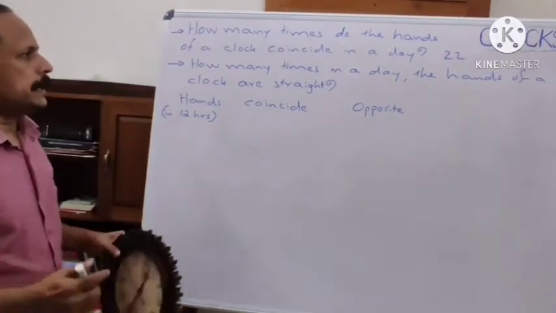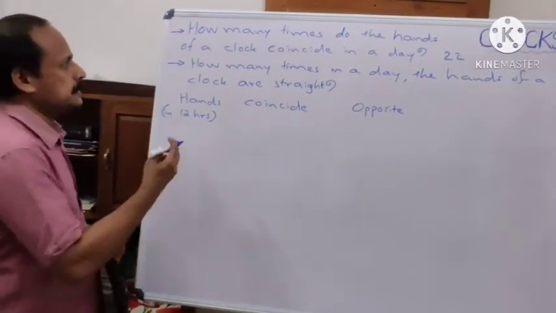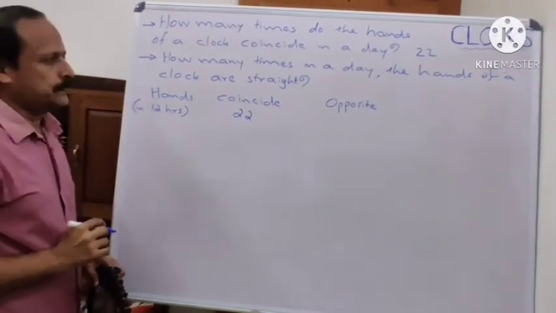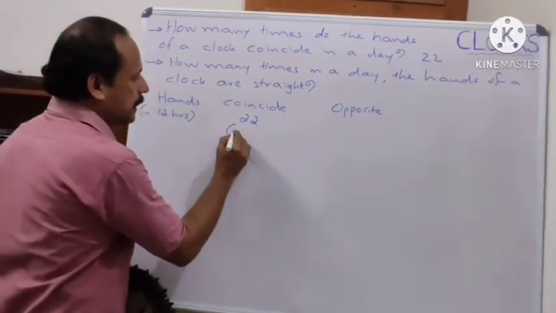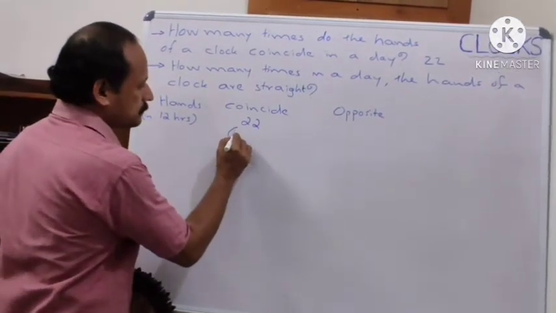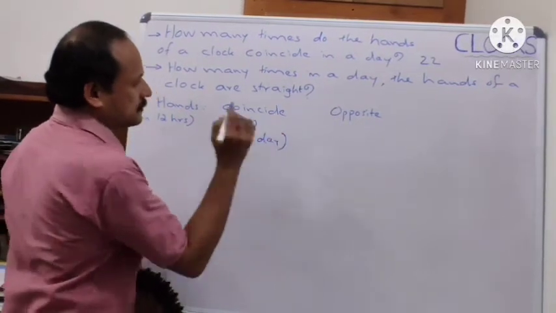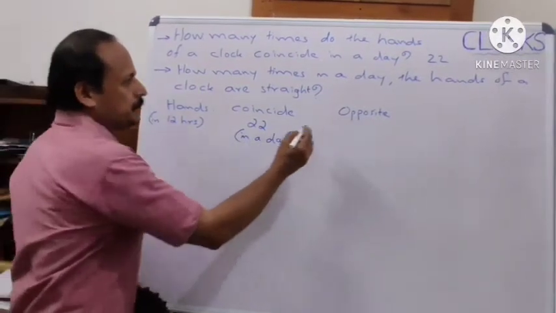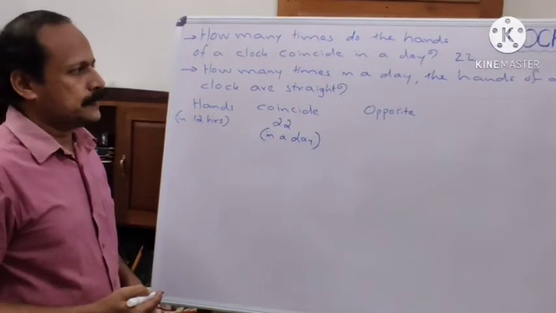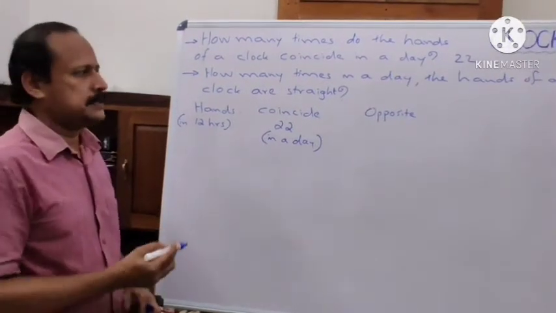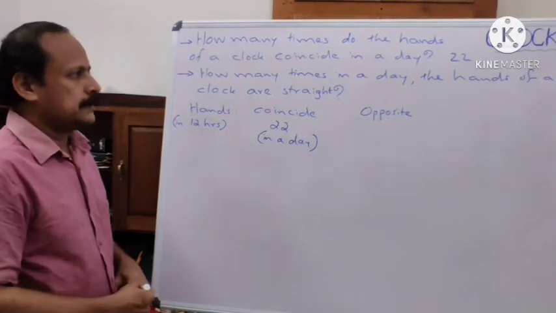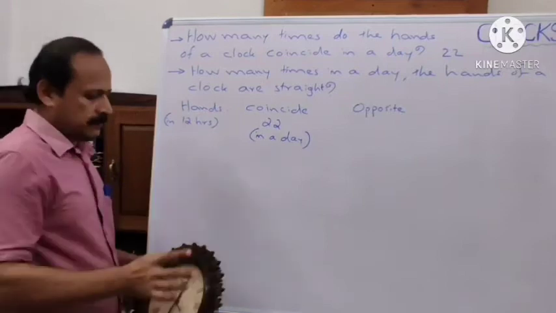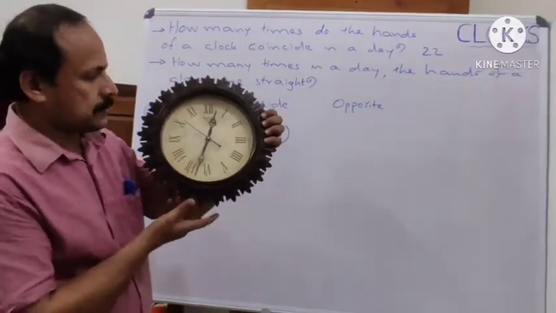And in a day, we know that the hands coincide 22 times. That we calculated in the previous question. Now, in 12 hours, we consider the times at which the hands are opposite in direction.